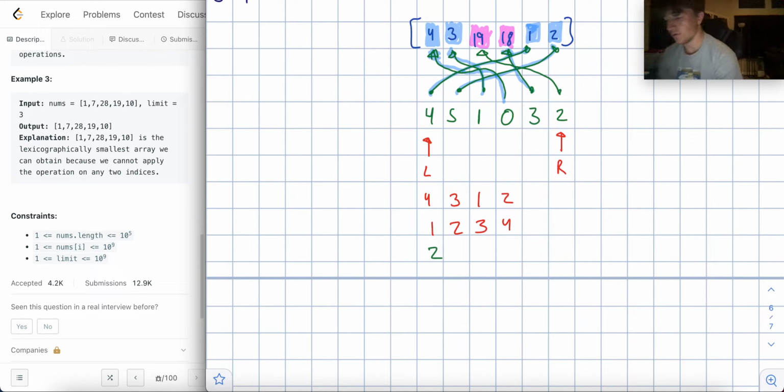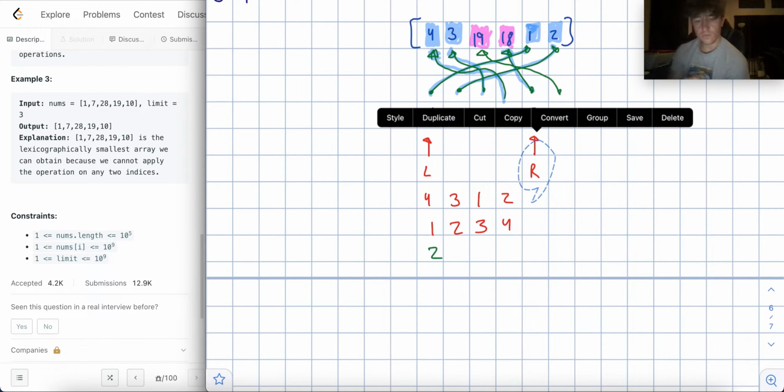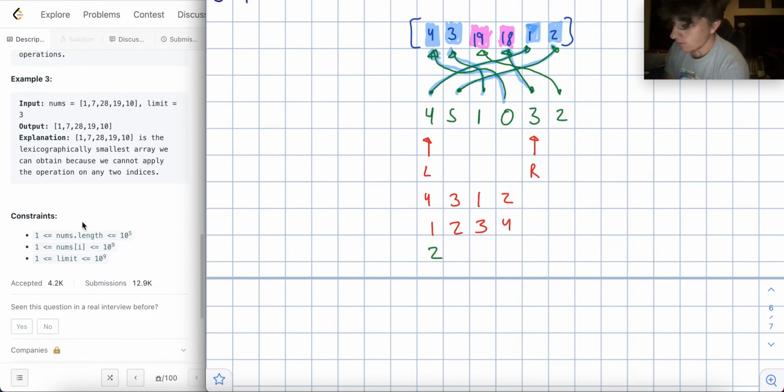Did I get so confused? Okay. These were the ones that were together. Right, so the indices would be 4, 5, 1, 0. Oh, I'm sorry if this makes no sense. 4, 5, 1, 0. Sorted, that would be 0, 1, 4, 5.